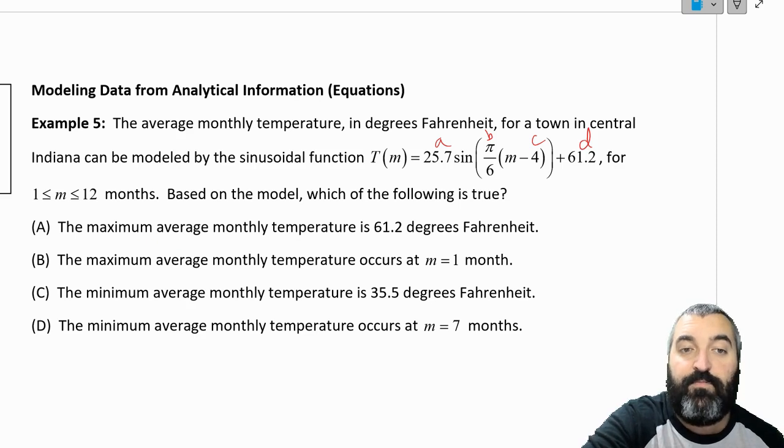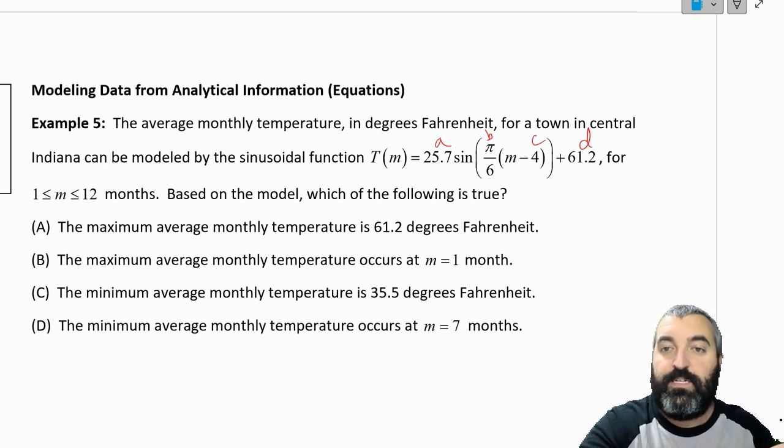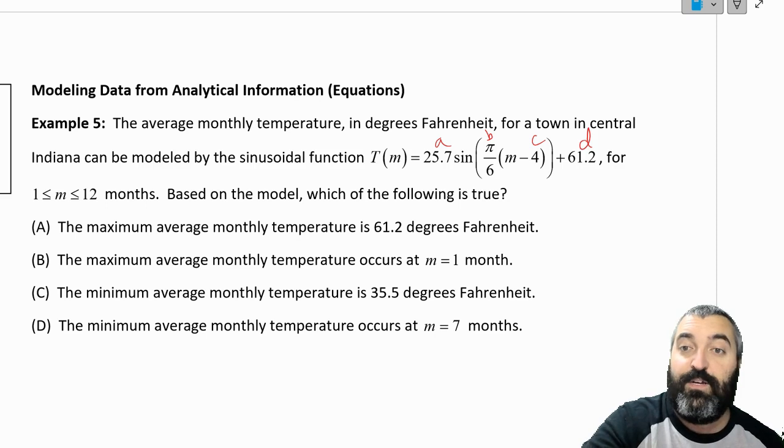So, maximum average monthly temperature. We're looking for the maximum temperature, which they say is 61.2, which you recognize as the D value. Well, the D is the vertical translation, or the midline shift. So your middle is 61.2.